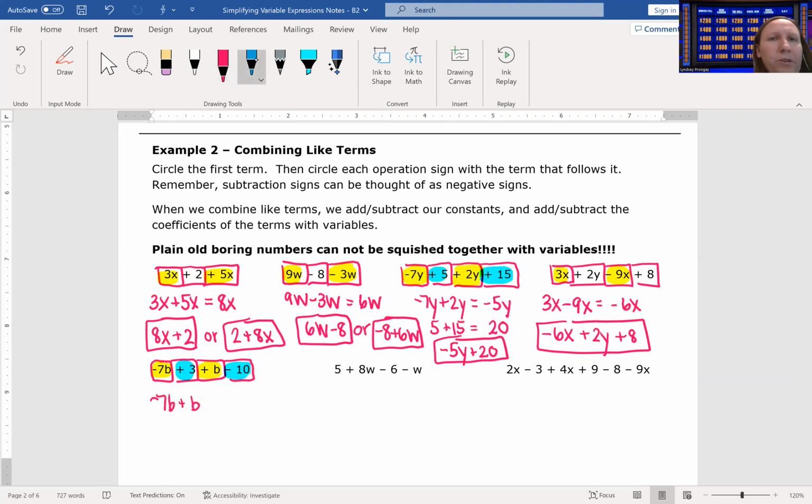And it may be helpful here if we remember that that plus b is really a positive 1b. Okay, so now a negative 7 and a positive 1 gives us a negative 6b. 3 minus 10 is negative 7. So put them together for our final answer. We get negative 6b minus 7.